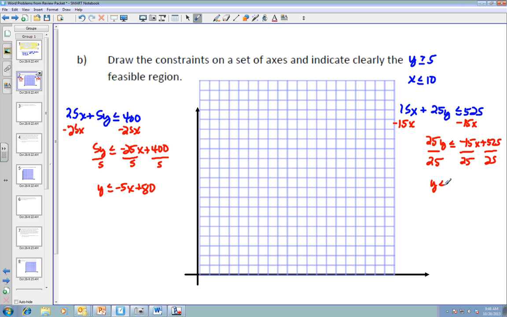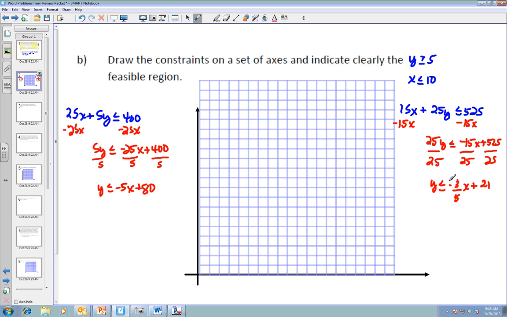Now I get y is less than or equal to 15 over 25, that will simplify down to negative 3/5 x, plus 525 divided by 25, that's going to be 21.